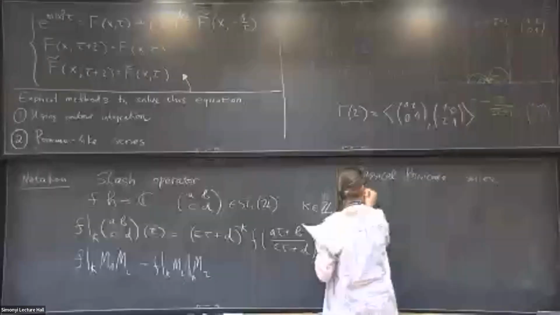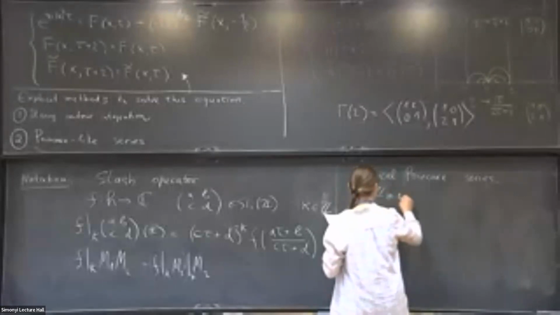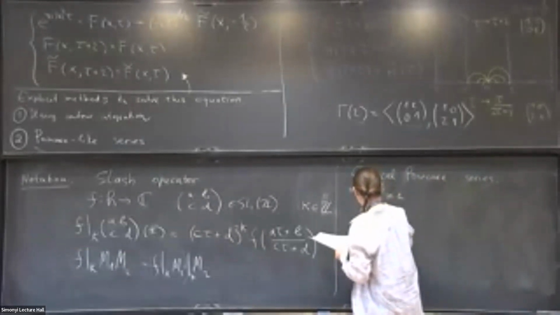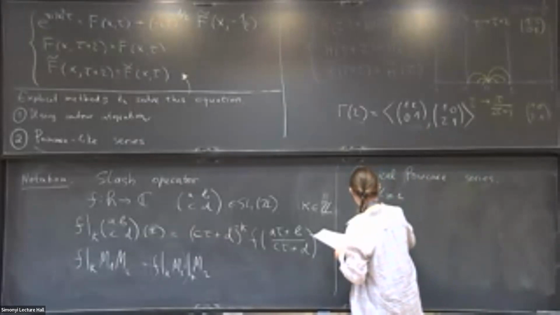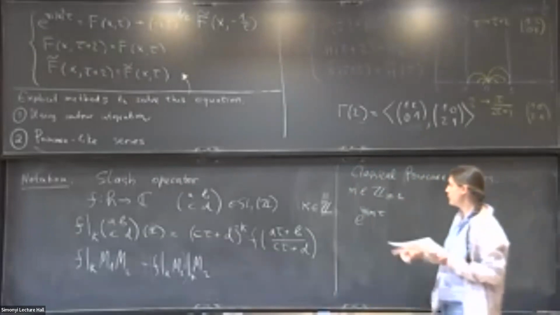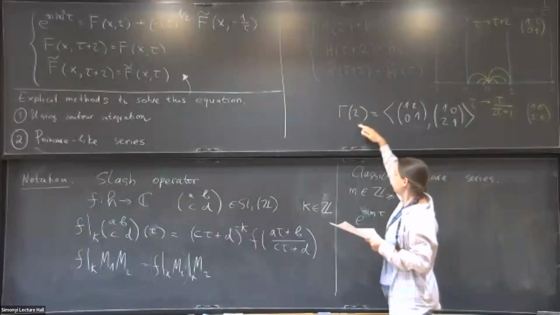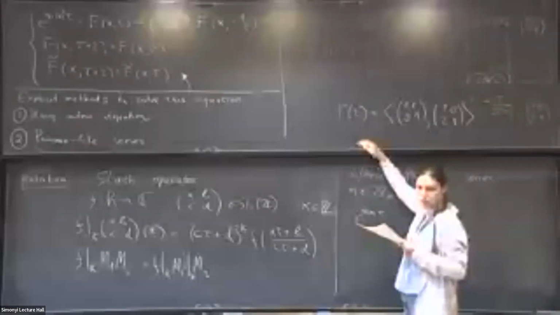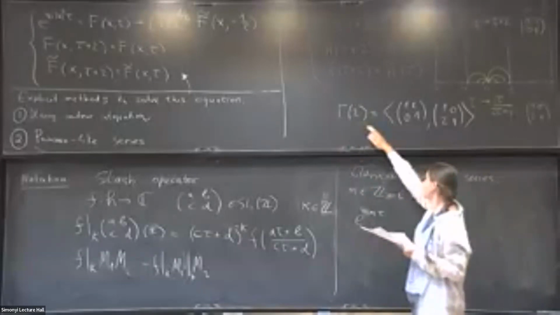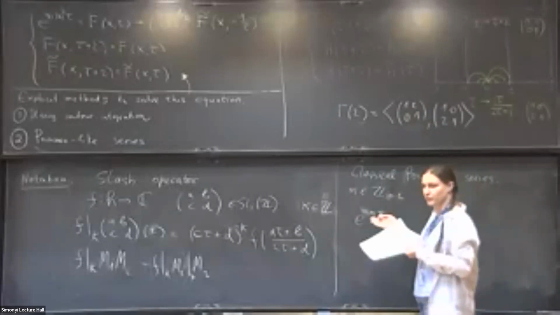We fix some integer m, and we take the following 2-periodic function. Now we take a sum over actions of all elements of gamma 2. But if an element is in the subgroup generated by this shift, it will not change our function.